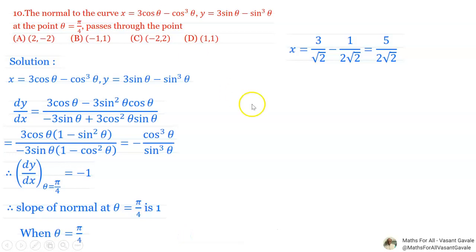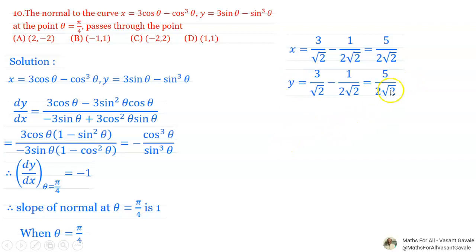Then cos of pi by 4 is 1 by root 2, and cos cube of pi by 4 is 1 upon 2 root 2. After simplification you will have x is equal to 5 upon 2 root 2.